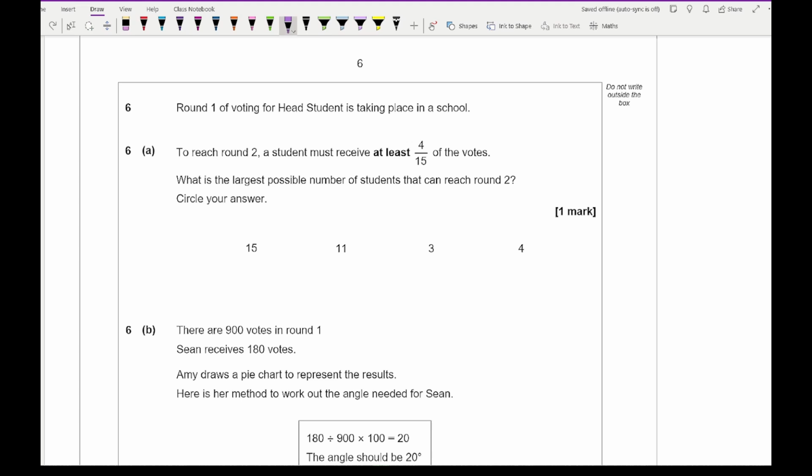Well, for this, if there are 15 students, then if each candidate gets 4 votes, so if we have a total of 15, then to pass you need to get at least 4. So from this, how many 4s go into 15? Into 15, well, that's going to be 3, so it's going to be a maximum of 3 students.